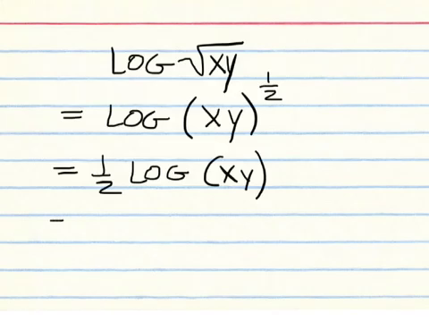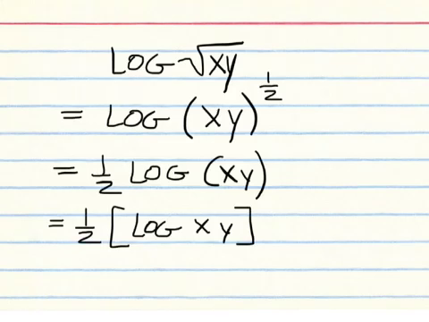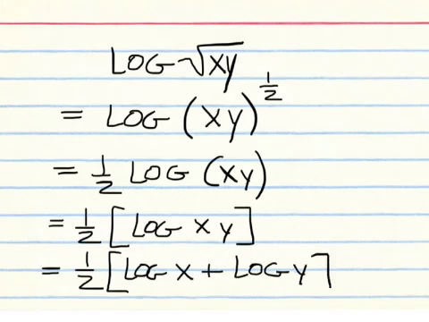So from this point forward, you have to think of it like this. 1/2 times the quantity of log xy. And once you're inside those brackets, you can expand as you did before. 1/2 times the quantity of log x plus log y.